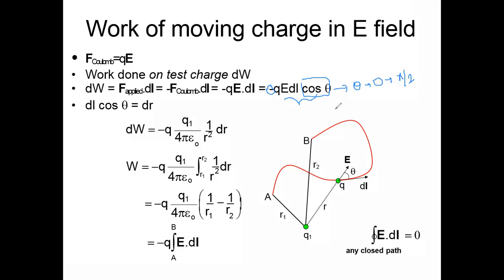Are you getting my point? What I'm saying is that if the electric field and displacement are in the same direction, you are moving in the direction of the electric field, not against the field. You can see here, this is the electric field, this is dl, this is theta. If theta is 0 to pi by 2, you are moving in the direction of the electric field, so you need not apply any external force.